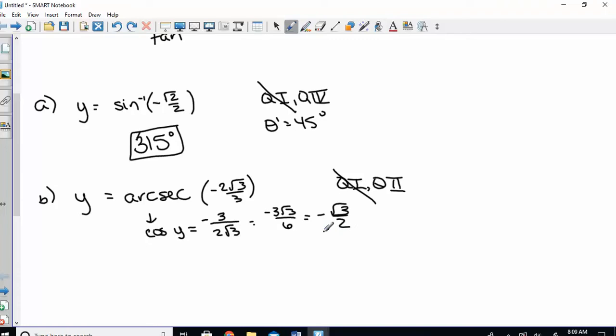So if it's easier for you to think in sines, cosines, and tangents, you can always do that reciprocal. So when is cosine radical 3 over 2? That's 30 degrees. And then 30 degrees in quadrant 2, 180 minus 30 is 150.